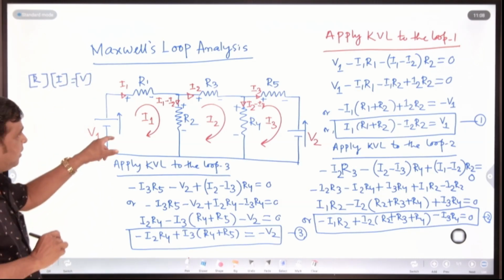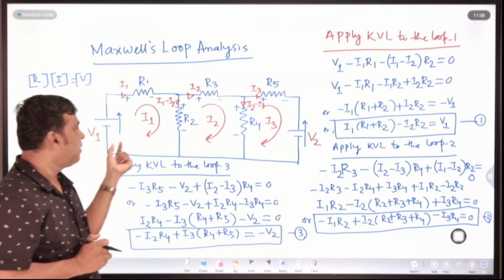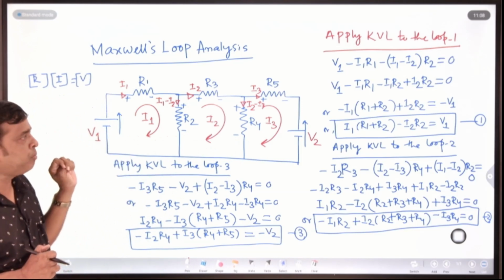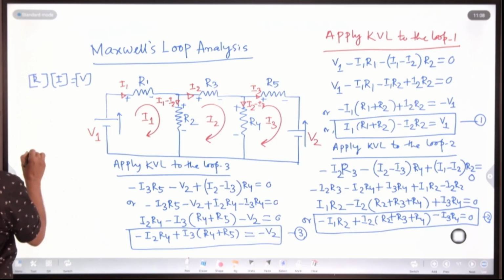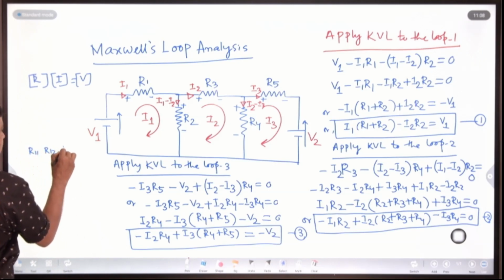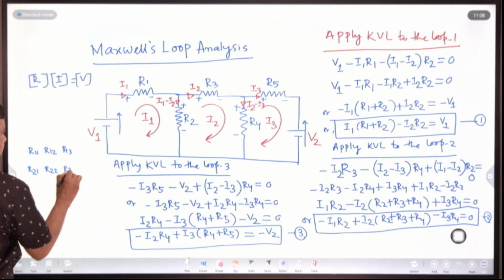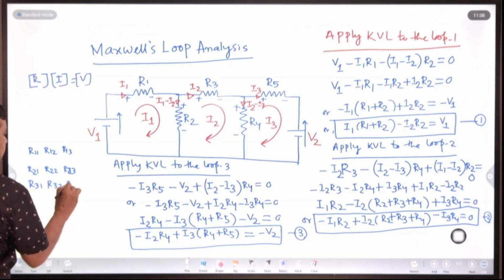If in this network there are 3 loops, it means a 3 into 3 matrix will form. So the resistance matrix should be 3 into 3, like R11, R12, R13, R21, R22, R23, R31, R32, R33.